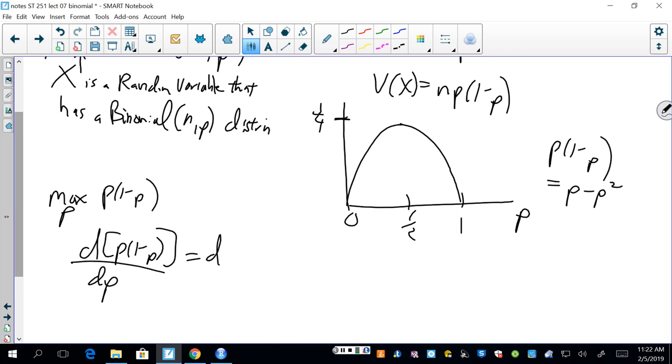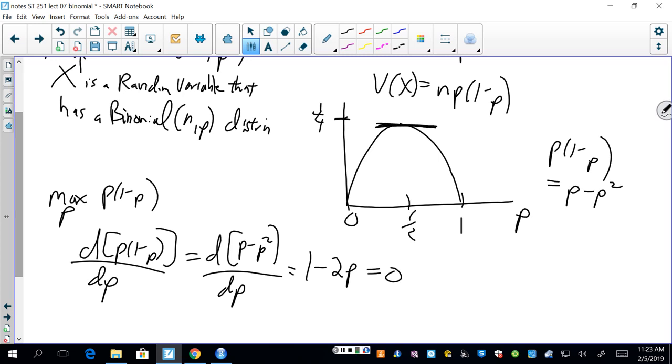That's the derivative of p minus p squared, so that's 1 minus 2 times p, and you set that equal to 0. The maximum occurs where the slope at the top is 0, and the derivative is giving you the slope. So we take a derivative and set it equal to 0 so that it's flat on top.